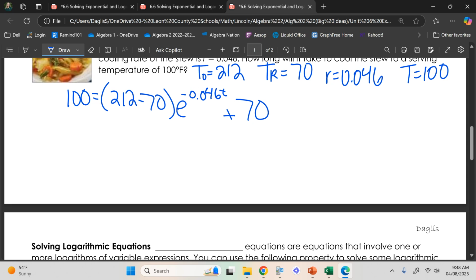What we're trying to find is in the exponent, so we know we're going to have to bring in a log at some point, but I cannot do that until that e is by itself.